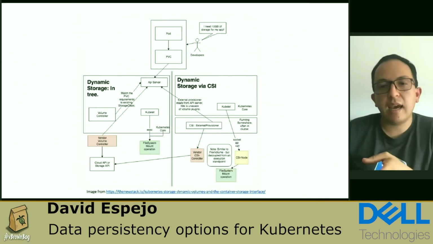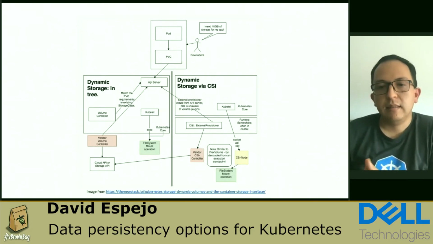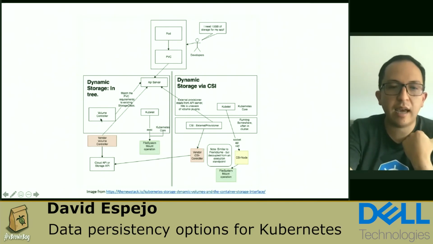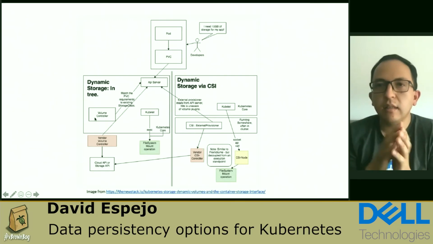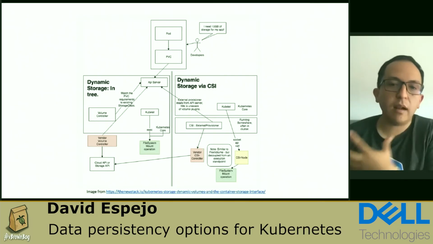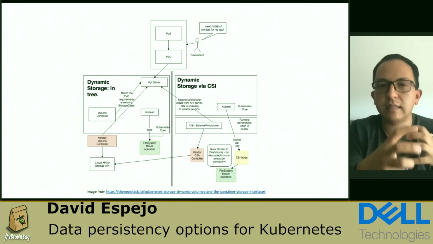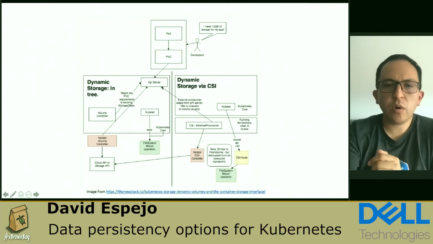On the right-hand side, CSI is a bit more complex, but you can see there that it is decoupled. On the left-hand side, you will see a volume controller inside Kubernetes, right? So there is extra code running inside Kubernetes, which has the limited set of features that I talked about previously.